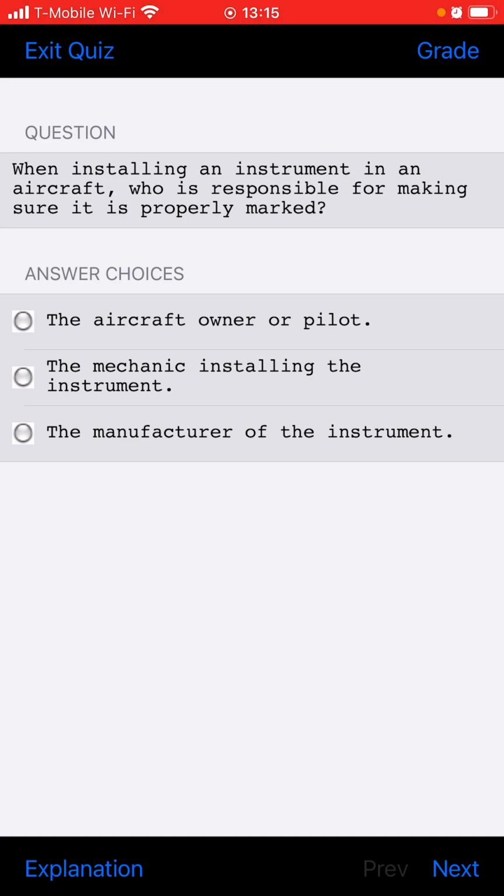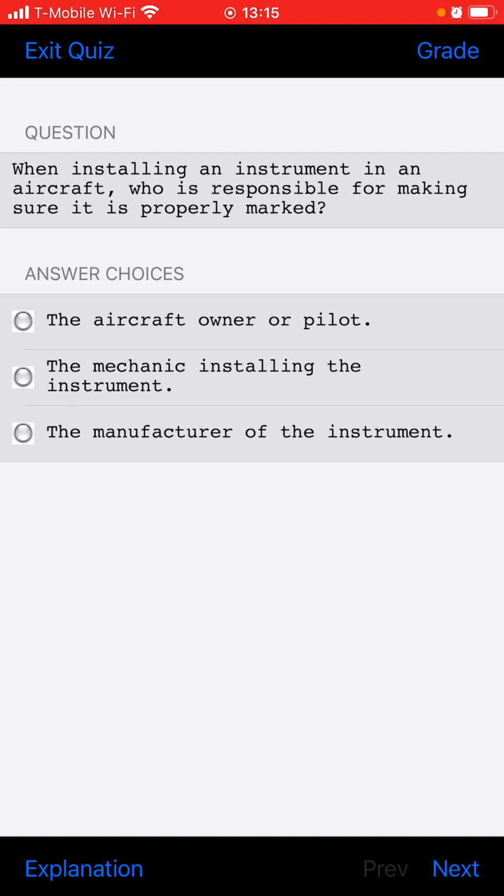It's a warning light. Let's do it one more time. What is the usual means for alerting the crew of a jet transport that the cabin doors are not properly closed? A warning light.